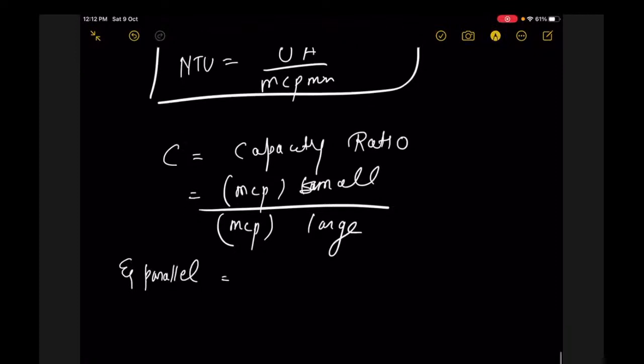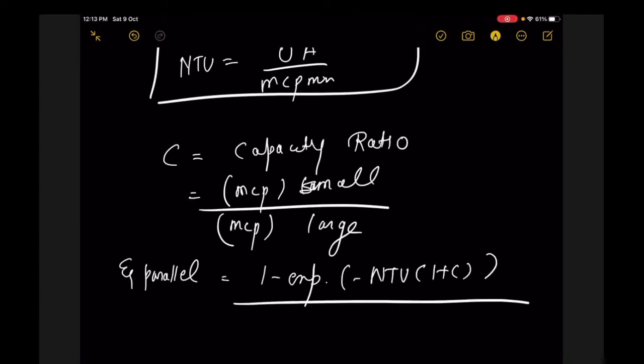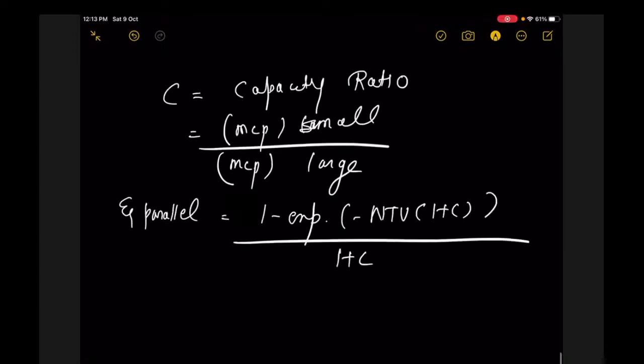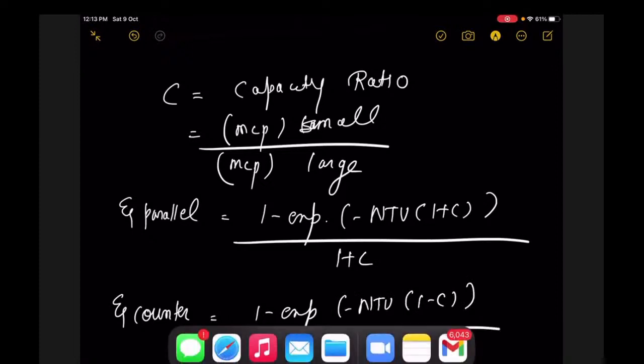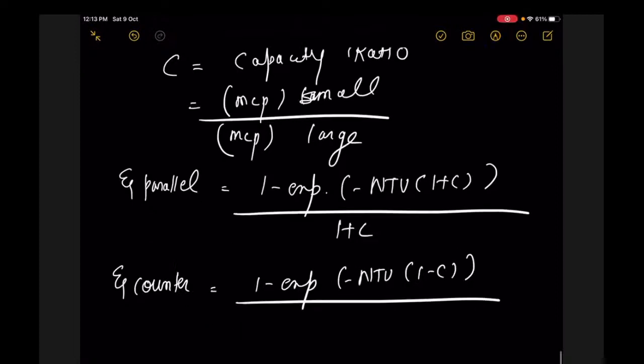So for parallel flow, the efficiency is 1 minus exponential of minus NTU times (1 plus C), divided by 1 plus C. So you have to remember this formula, okay? It is C. Depending upon C, we have to use the efficiency formula.